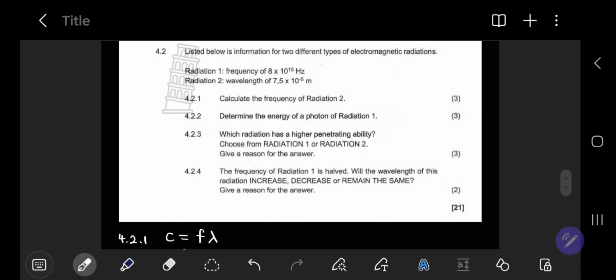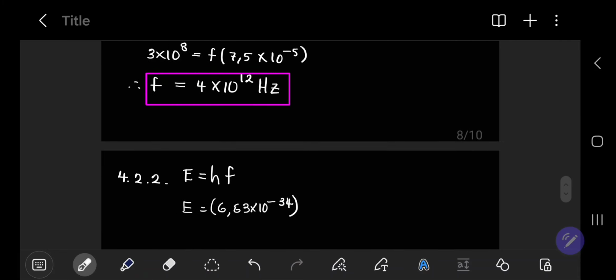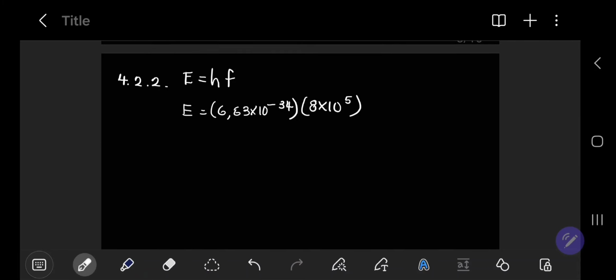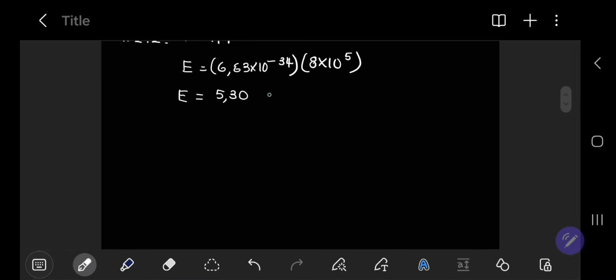And the frequency here that was given is 8 times 10 to the power 15. All we have to do is put this on the calculator, and let's see what we get. 5.304, so it'll be 5.30 times 10 to the power negative 18 joules. So that would be the energy of the photon for radiation 1.